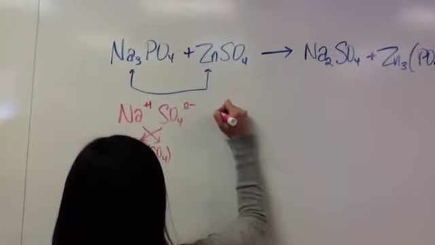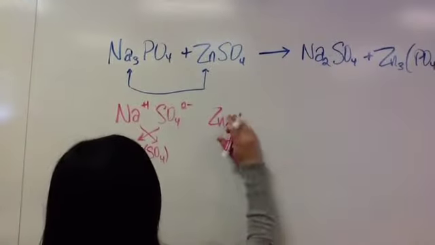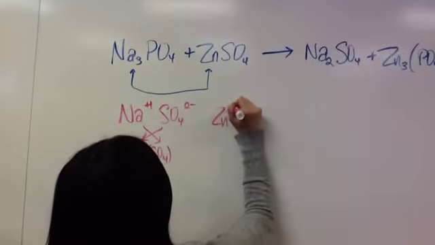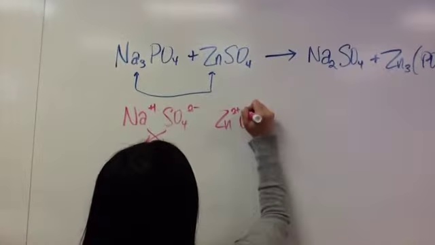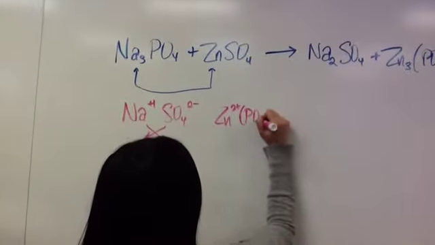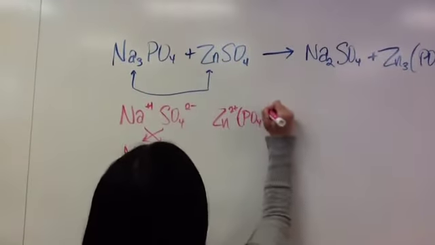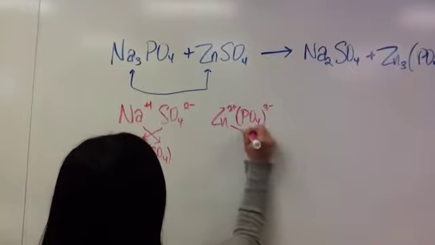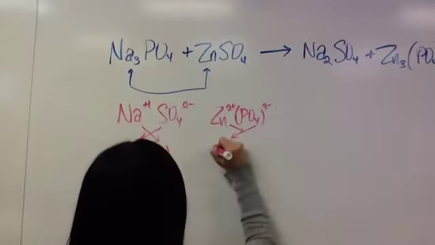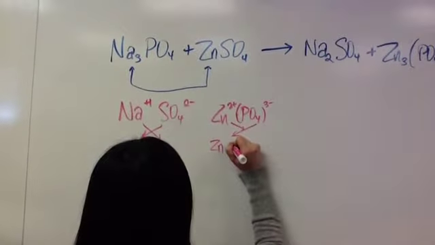And now for zinc, zinc's valence is positive 2, and PO4 is negative 3. And when you cross that, 1 times 3 equals 3.